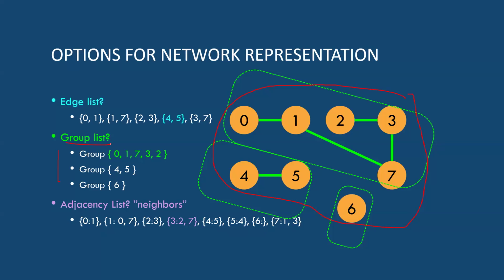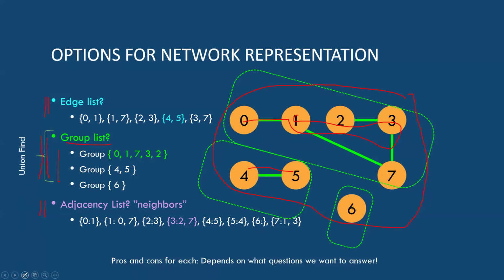I just know they're connected. I know this is connected to this, and I know all of these are connected, but I don't know how they're connected. That is the pro and the con of using groups as opposed to this more expensive representation that contains our topology, right? The edges are really only there when we add a connection, and then we forget about that information and just think about it in terms of the groups. Okay, that's where union find hits its sweet spot.